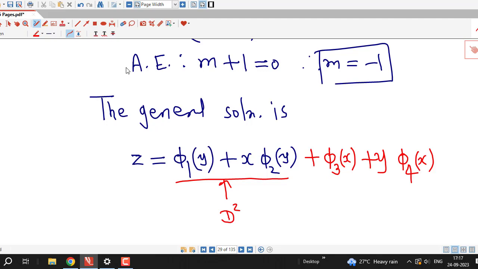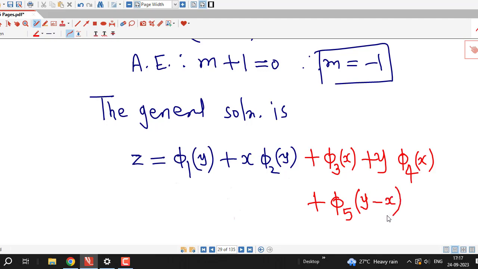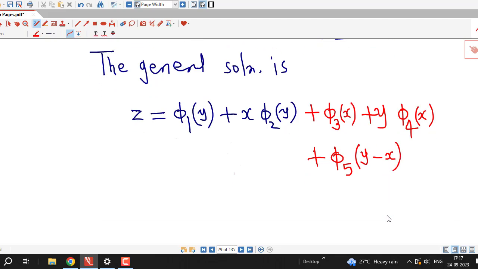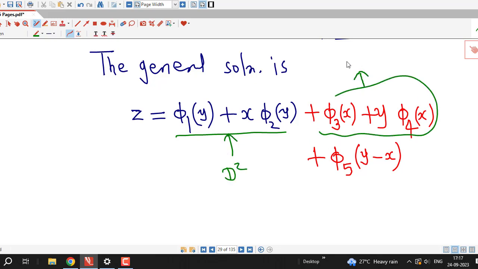This corresponds to D dash square, and plus corresponding to m equal to minus 1, I have to write an arbitrary function of y plus mx. M is minus 1, that is an arbitrary function of y minus x. So remember, this is the part of the general solution corresponding to D square, this is the part corresponding to D dash square, and this corresponds to m equal to minus 1.